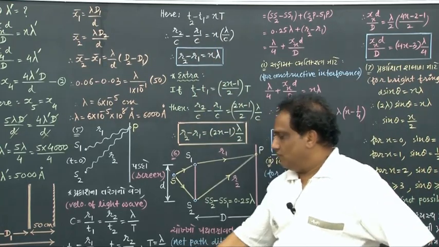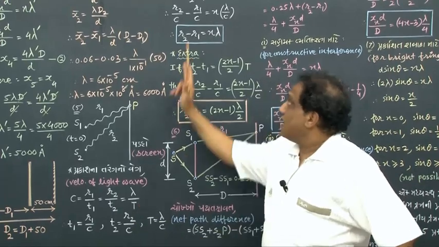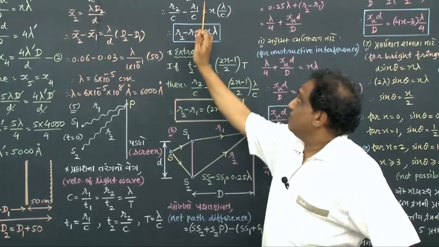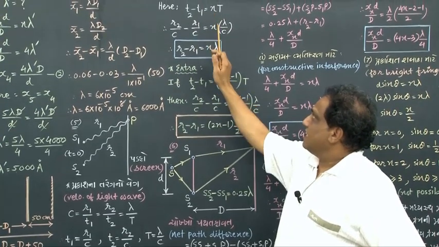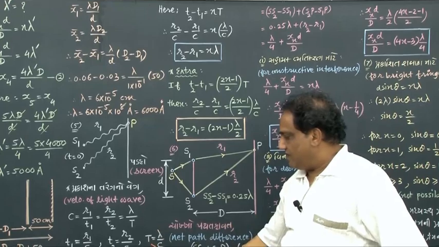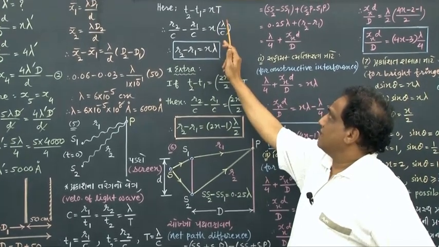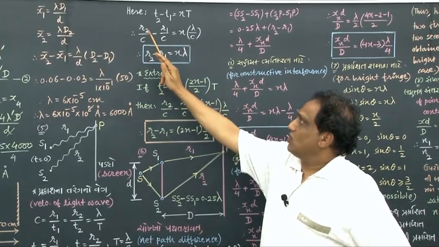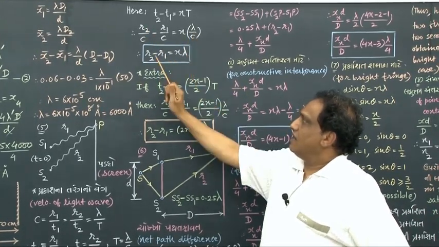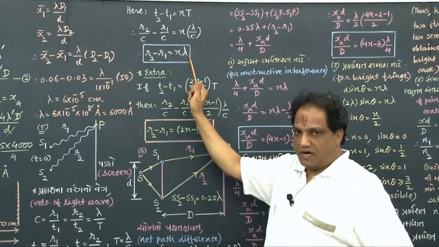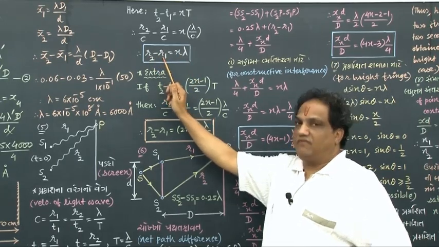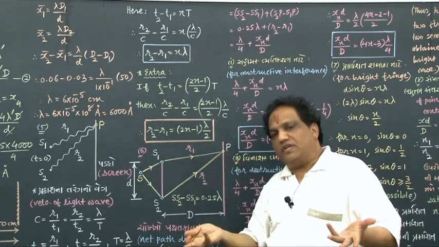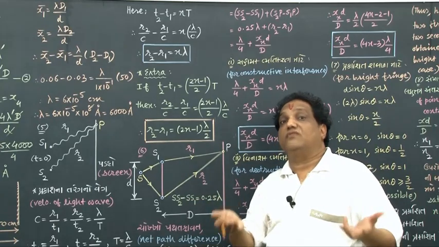Now what is the value of t2 minus t1? It is R2 upon c minus R1 upon c, equal to n times capital T, which is lambda upon c. c getting cancelled, so it is R2 minus R1 equals n lambda. Path minus path will give you path difference. So this path difference is equal to n lambda, which we know is nothing but condition of constructive interference.